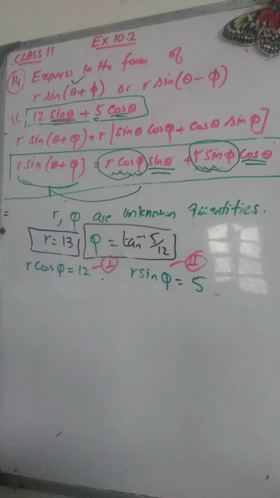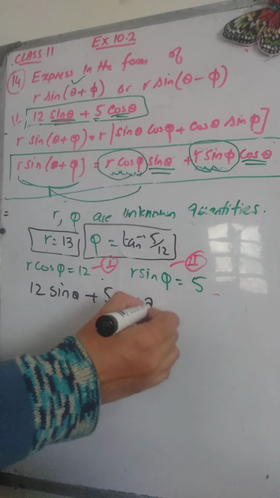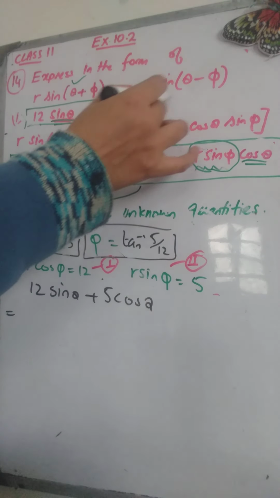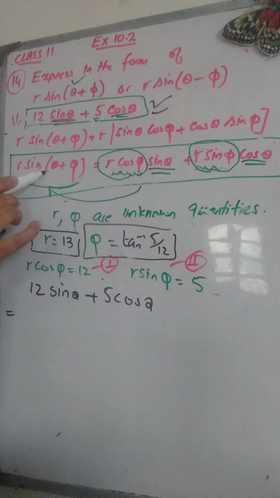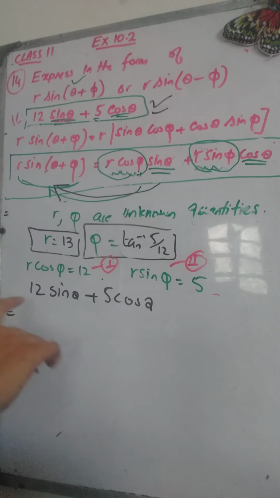Okay, so what I am going to do is take this expression, 12 sin theta plus 5 cos theta, which is given in the question. We have to write this in the form of this. I'm going to write this in this form. We know that 12 can be written as r cos phi.